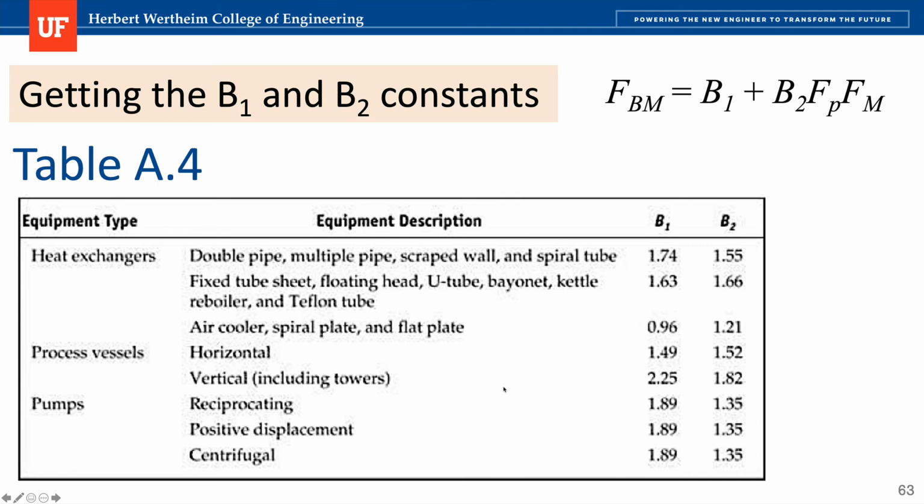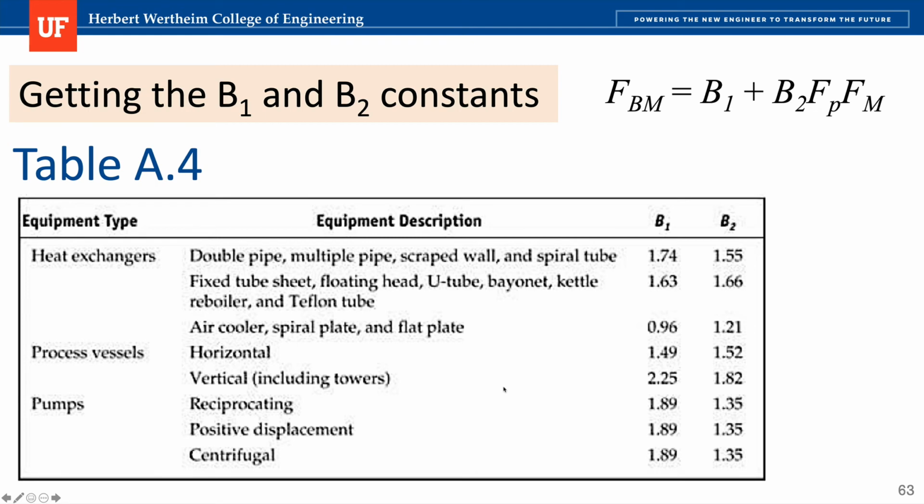Notice that the values of B1 and B2, the costs associated with installation and all of the additional fees for putting the equipment in the plant, depend on the equipment type and on the type of equipment within the equipment type.